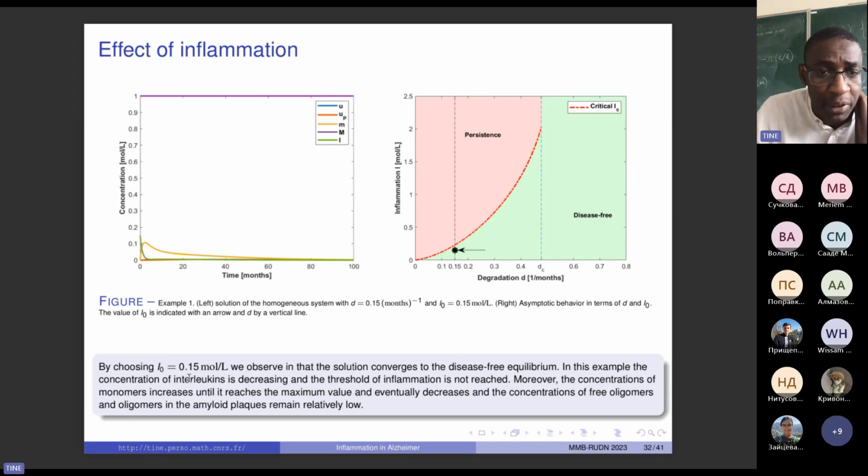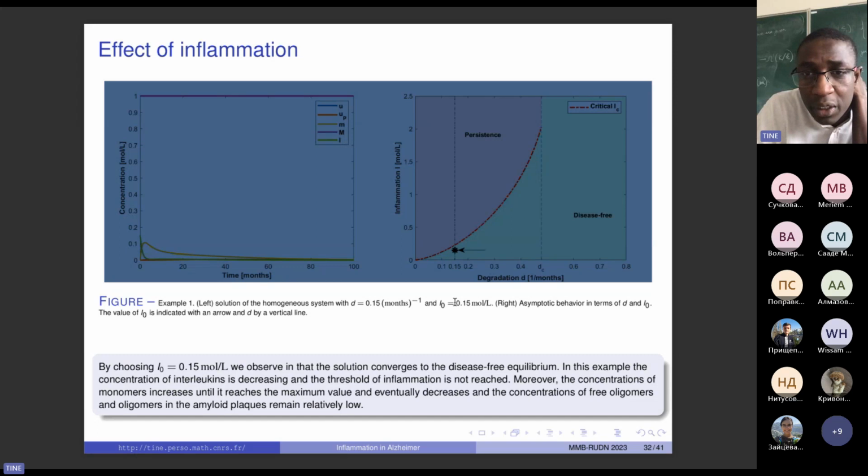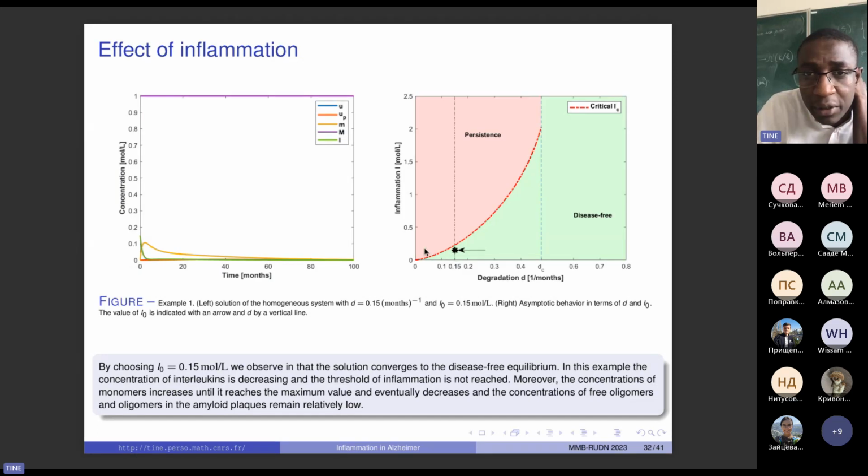In this example, the concentration of interleukin is decreasing and the threshold of inflammation is not reached. Moreover, the concentration of monomer increases until it reaches the maximum value. So we have this value for I0.